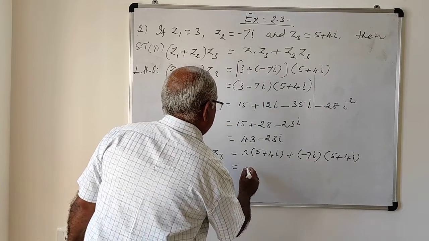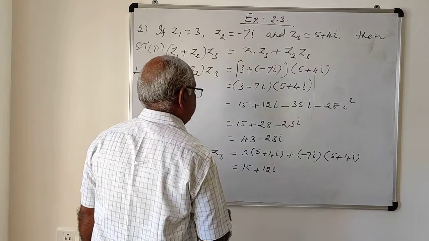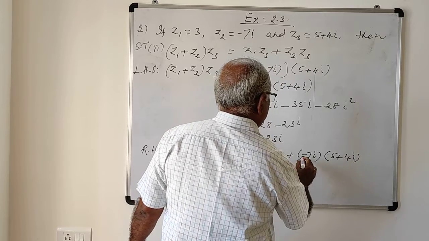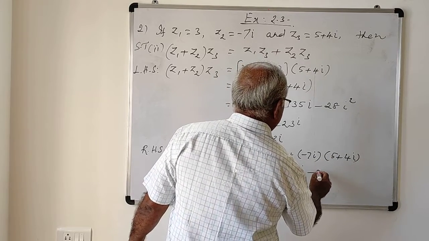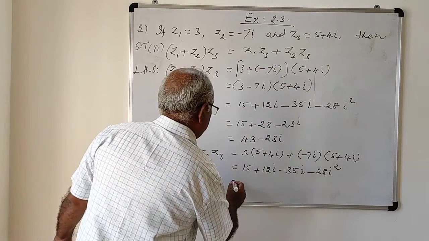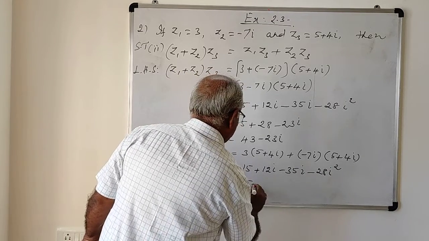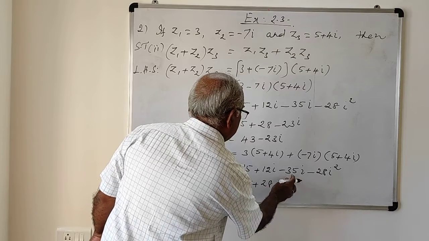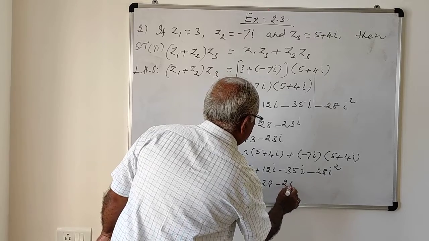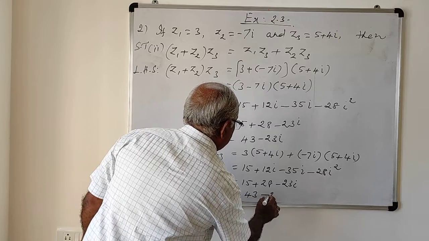Now this is 3 fives are 15 plus 3 fours are 12i, minus 7 fives are 35i, and minus 7i into 4i is minus 28 i square. Similarly, i square is minus 1, so plus 28. Minus 35i plus 12i is minus 23i, and 15 plus 28 is 43. So 43 minus 23i.